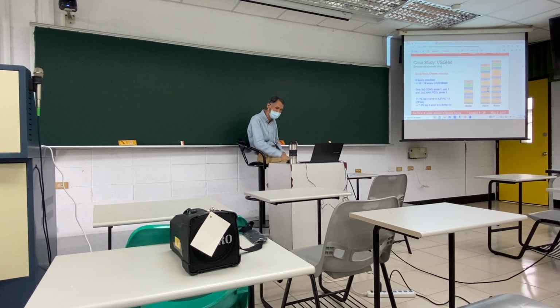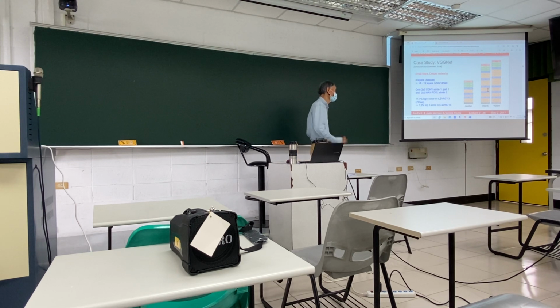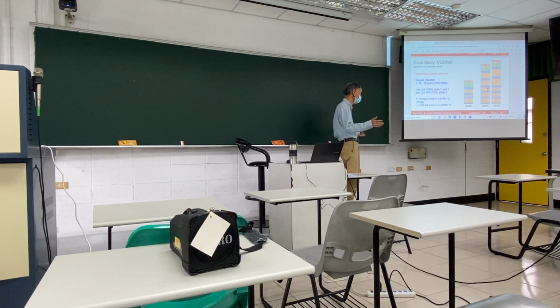Let me say that one more time, because it's so popular. Whenever you use a CNN-based model or you want to develop your own model, you can always refer to this model as a baseline.